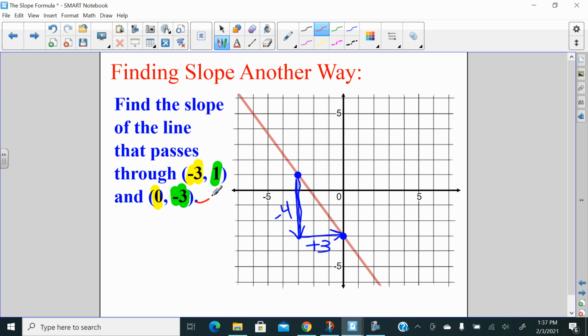But if I flipped it around and did it this way, -3, this y minus that y, for my rise over my run, this x minus that x, so 0 minus -3. Now let's see what I get. I'm going to do keep change change, so -3 plus -1 is -4. 0 plus +3 is 3. Hey, it's still -4 thirds.